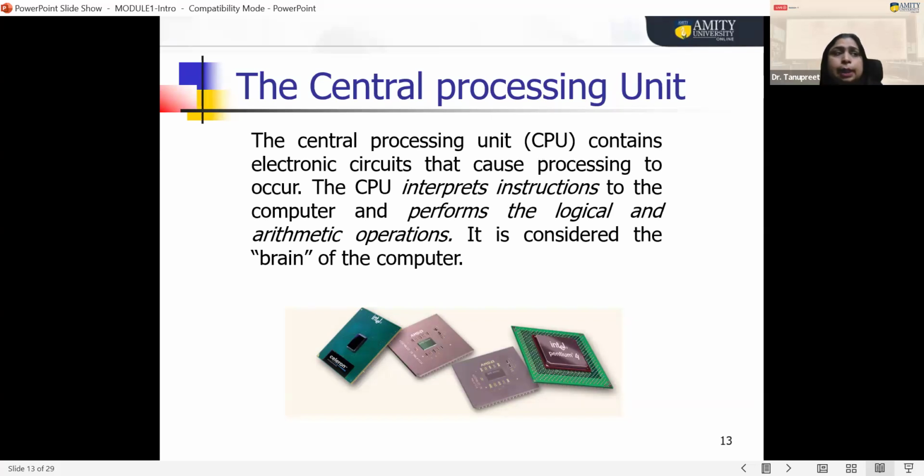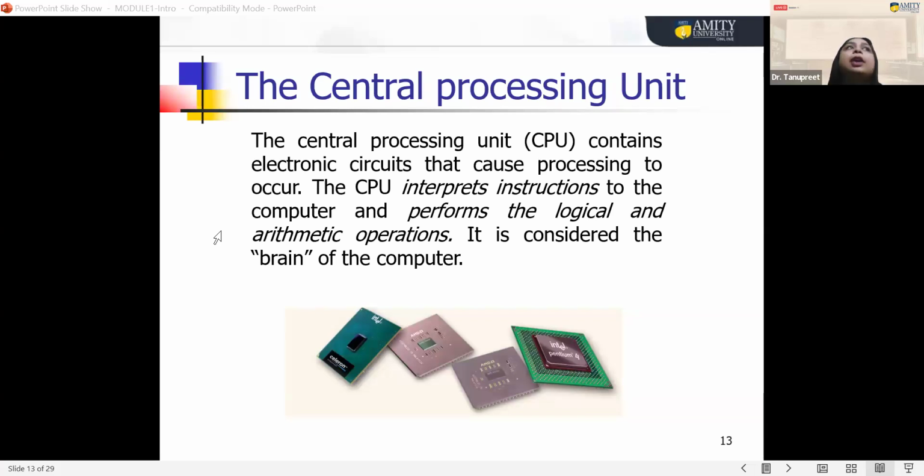Basically, the CPU interprets and understands your instructions and performs whatever functionality is required, for example an arithmetic or a logical functionality. Here we call the CPU the brain of your computer, because the CPU is responsible for doing your calculations.